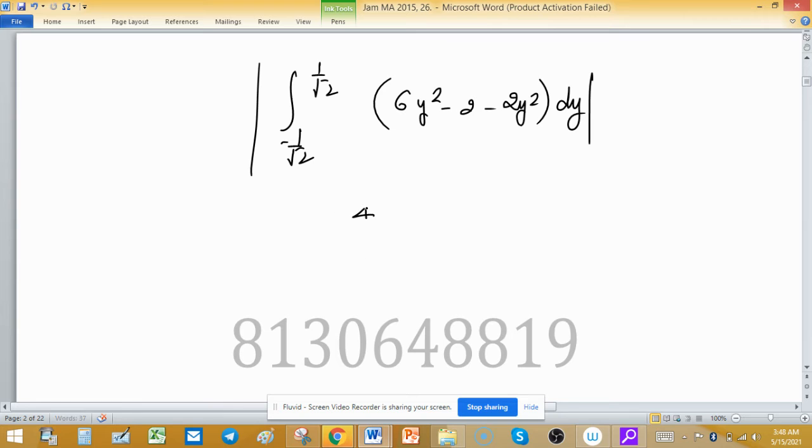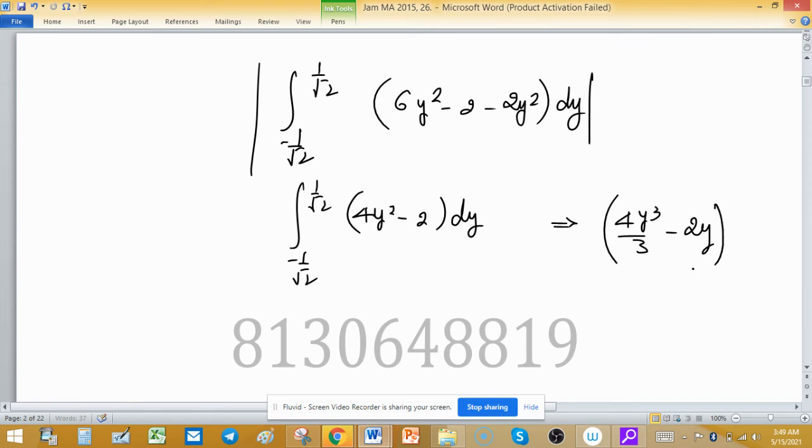So this is 4y square minus 2, and this is dy, and the limit is minus 1 upon root 2 to 1 upon root 2, and the integration of this is 4y cube upon 3 minus 2y, with limits minus 1 upon root 2 to positive 1 upon root 2.